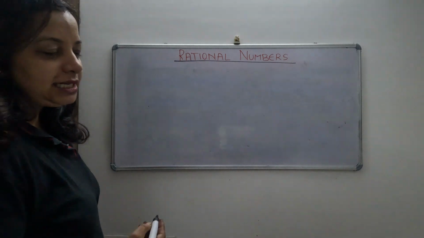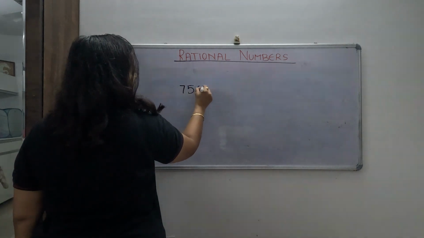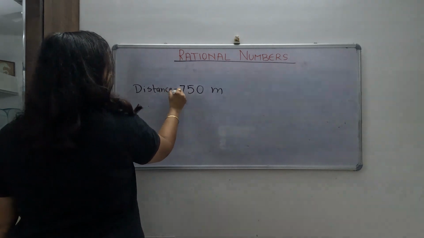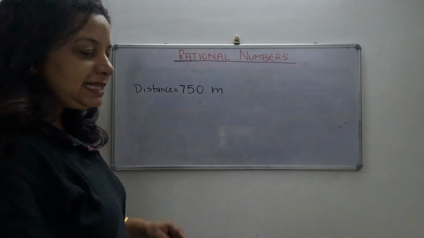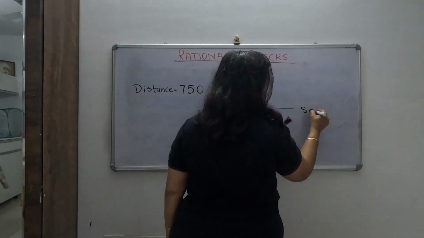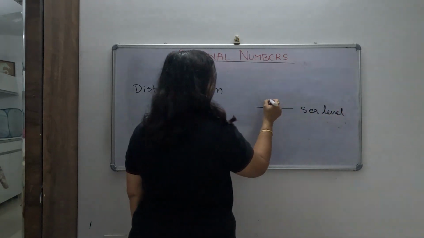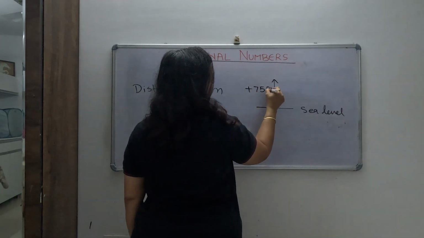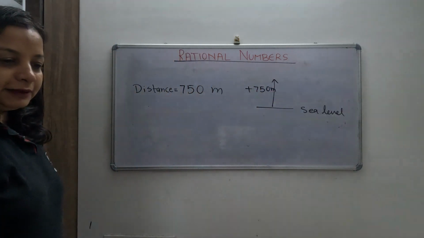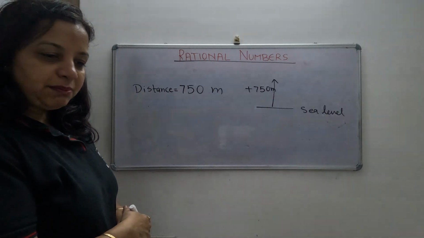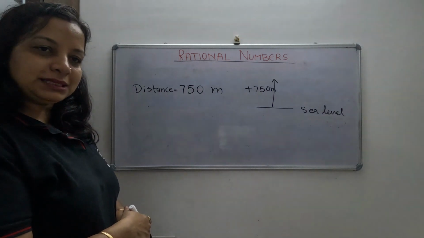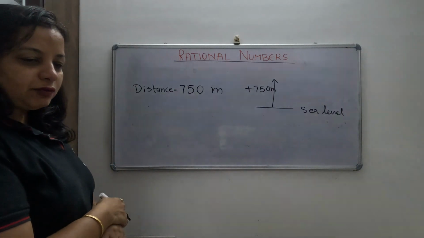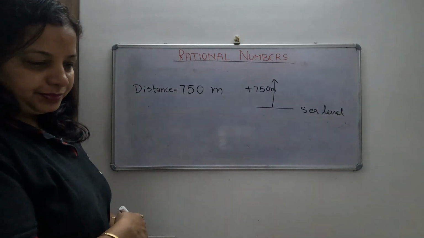You can represent a distance of 750 meters. How will you denote 750 meters above the sea level? Above the sea level, we can denote it plus 750 meters. But can we represent 750 meters below the sea level in kilometers? Can we denote it as a distance of 3/4 kilometers below the sea level?